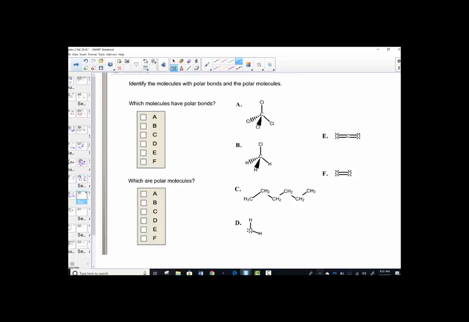We want to identify the polar bonds and the polarity of the molecule. Polar bonds have to do with electronegativity difference. Carbon to chlorine is an electronegativity difference that lies in a polar range. We have an electron distribution being pulled from the carbon equally in all directions to those chlorines.